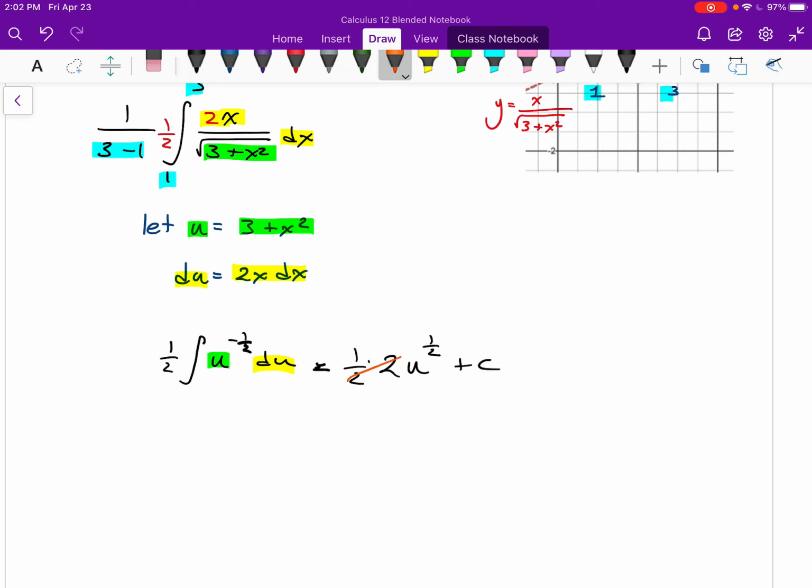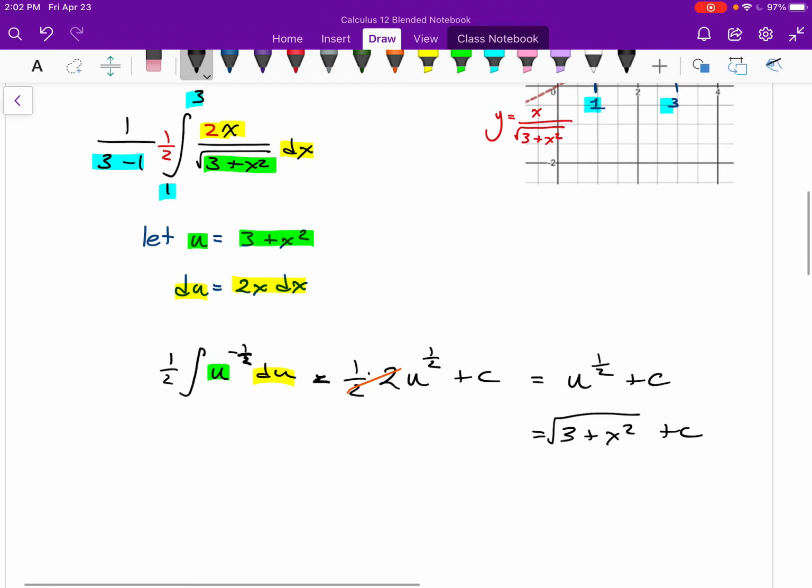And we've done this sort of stuff before. That cancels out. I have just u to the 1/2 plus some constant. Or I have the square root of 3 plus x squared, plus some constant. There's my antiderivative, root 3 plus x squared. So that's what I want to integrate from 1 to 3, and then essentially just divide by 2.